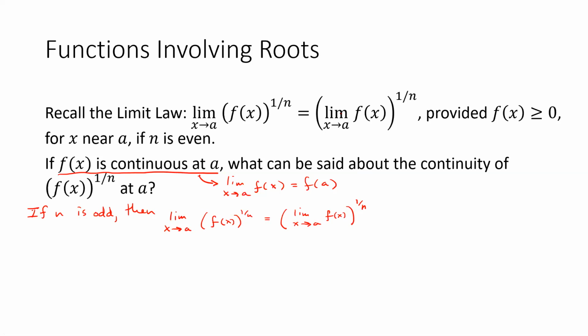So that's just using that limit law there. And here we don't need to worry about f being positive because when n is odd, it'll always be this way. And then we said here, because f is continuous at a, then the limit as x approaches a of f of x is equal to f of a. Okay, and there we have it.